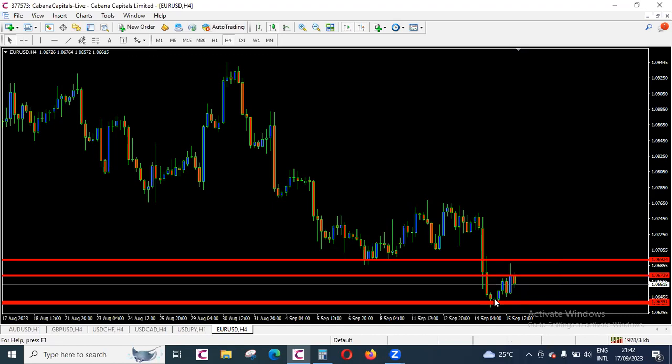The next candle that closed after it is a doji, and we have a bullish hammer after the doji, which indicates change in trend, right? It indicates that buyers are showing up in the market. Okay, so if a 4 hour candle closes above the zone, you can consider buying. Where would be their next targets?